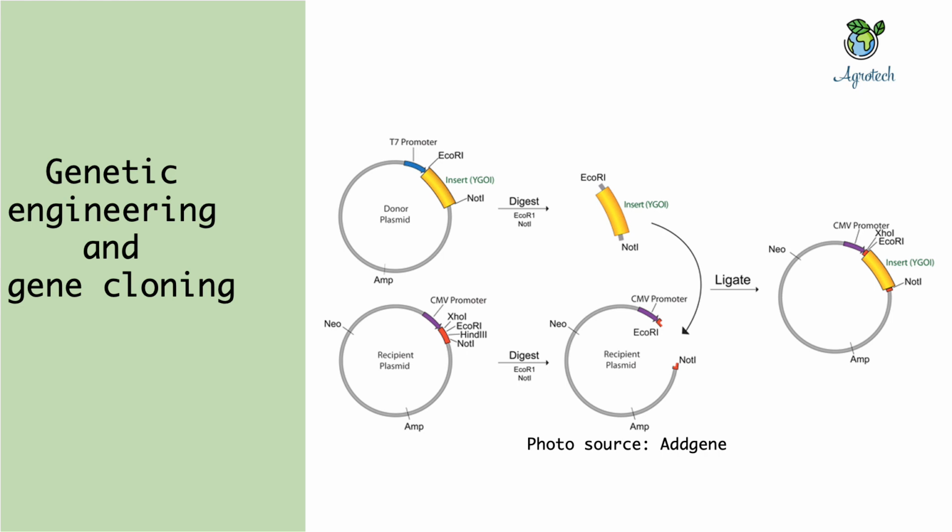We can place our desired fragment of DNA into the recipient plasmid and make a recombinant DNA, and we can clone our desired fragment of DNA. Therefore, restriction enzymes help us to cleave our desired fragment of DNA and also help us to open up the recipient plasmid and make it easy to make a recombinant DNA.